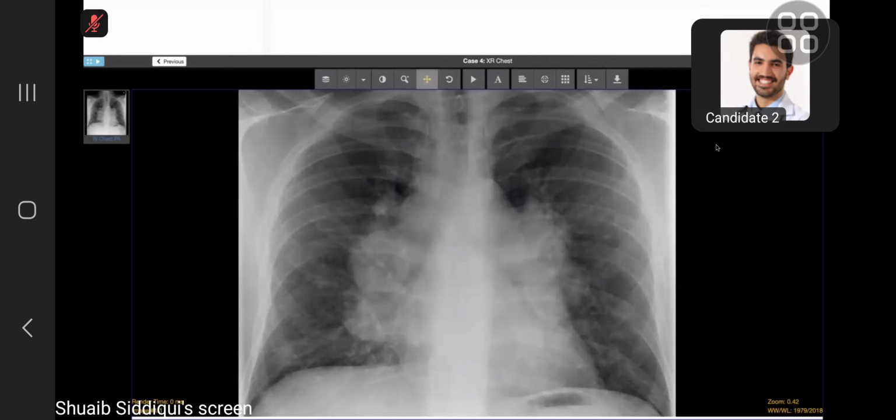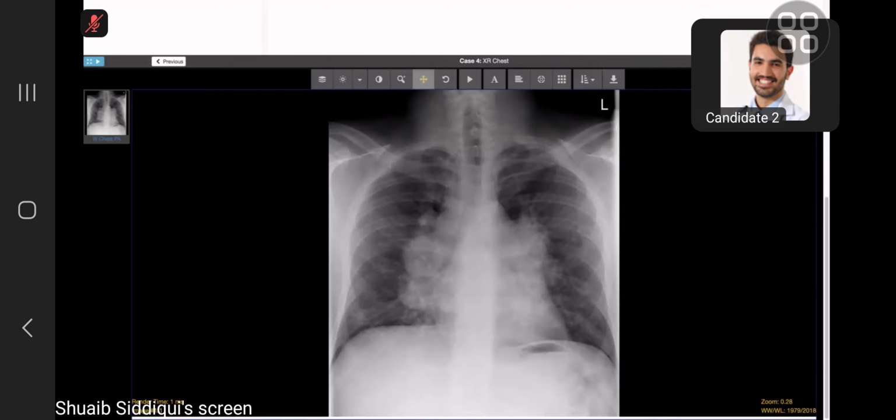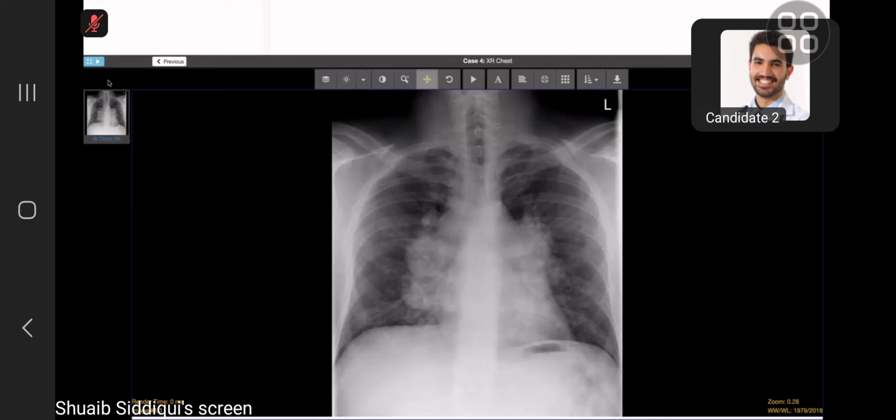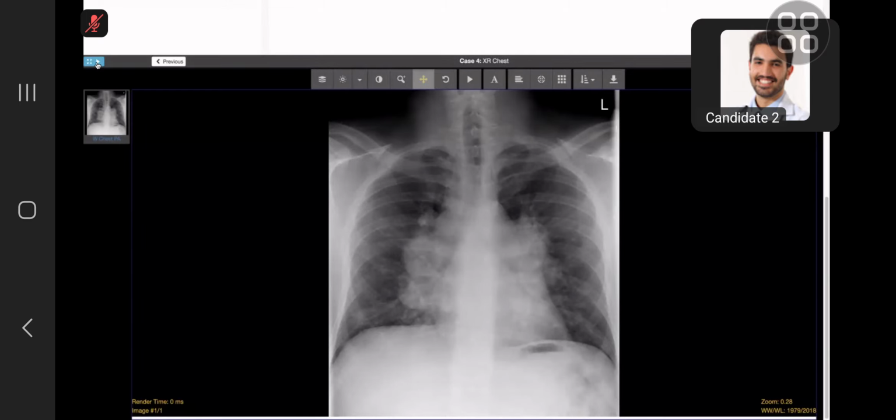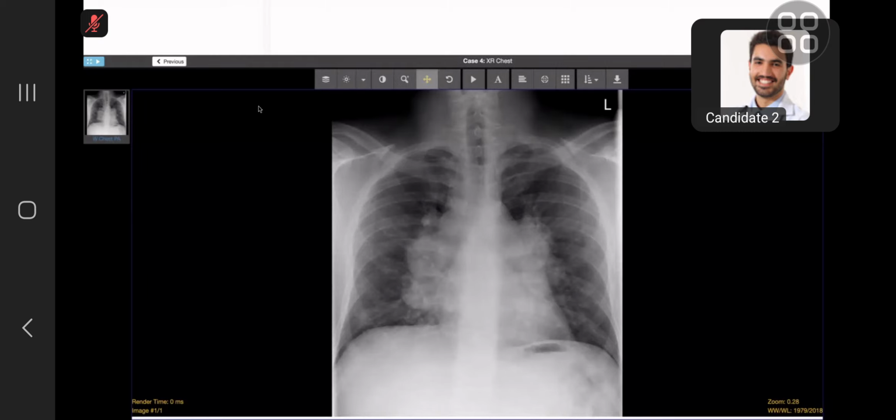So this is a frontal chest X-ray showing a marked hilar enlargement, probably due to bilateral lymphadenopathy with involvement of both hilar groups and the right paratracheal group.